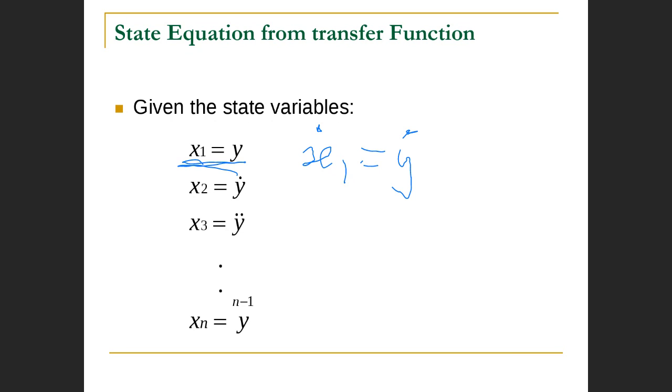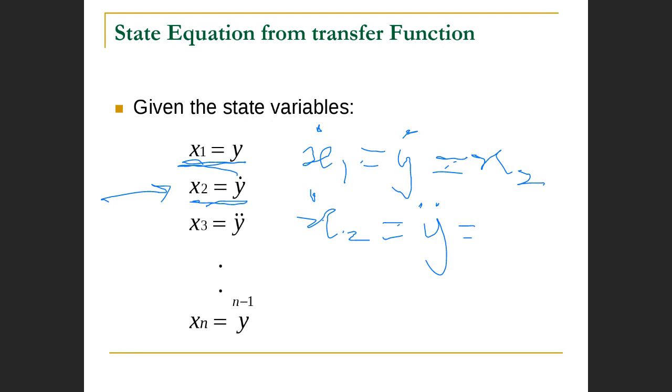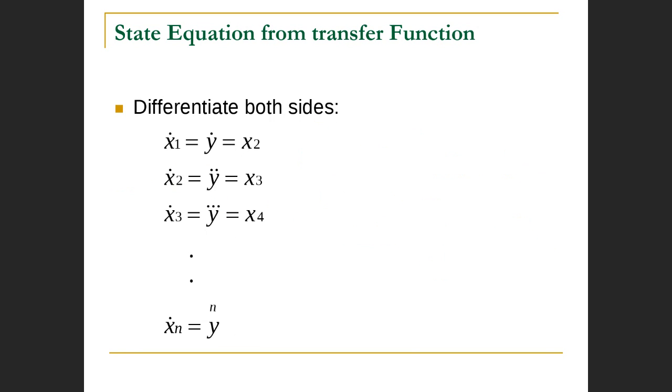Differentiate both sides: x1 dot equals y dot. What is y dot? It's equal to, look down here, x2. Now let's differentiate x2. x2 dot is equal to y double dot. Do you agree? Yes, sir. What is y double dot equal to? x3. I hope you can see the trend. We keep doing that, and we end up with what we have here.